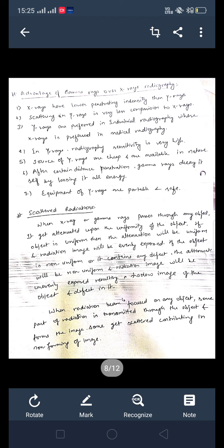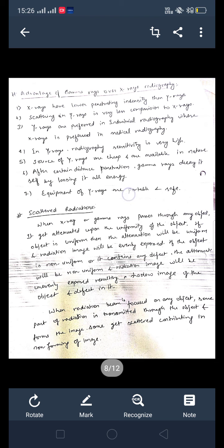Gamma rays are mostly used in industries for penetration, so they have higher penetrating intensity compared to X-rays. The second point is that scattering in gamma rays is very much less compared to X-rays.